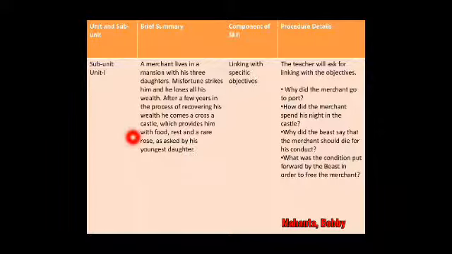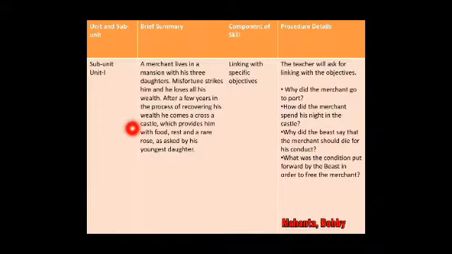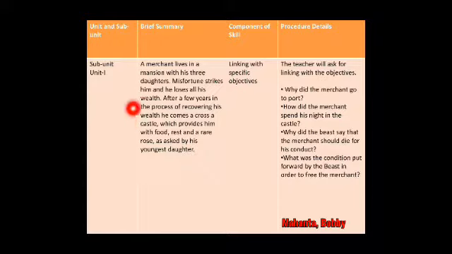Then in continuation, this is the second part. Okay, this is the first, and this is the second. The subunit has been taken. Here the unit has been focused in this case, and here the subunit. So again the same way, you have the unit, subunits, brief summary, same.